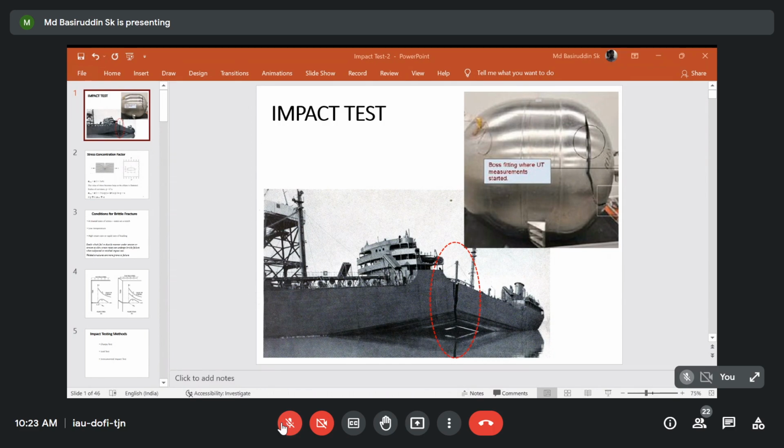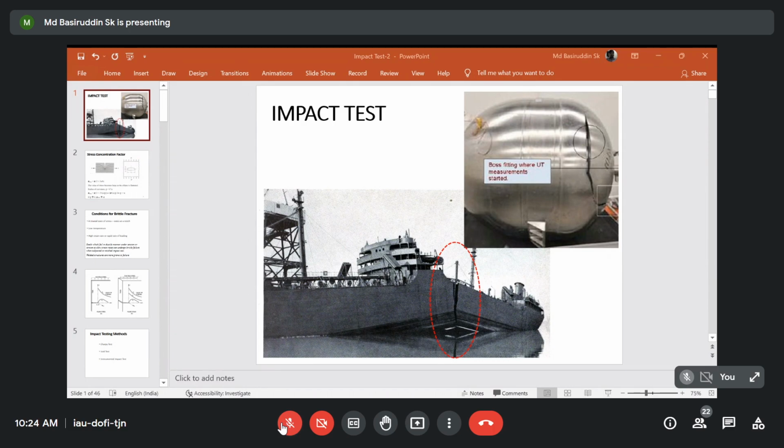Another example: you give an exam and you are unable to pass the exam, so that is one sort of failure. Sometimes, if I compare examinations with brilliant students who have not got 90% or 80%, that is also a failure for a brilliant student. So in that way we can define failure. But fracture is a completely different thing: the material will separate into minimum two pieces or more than two pieces.